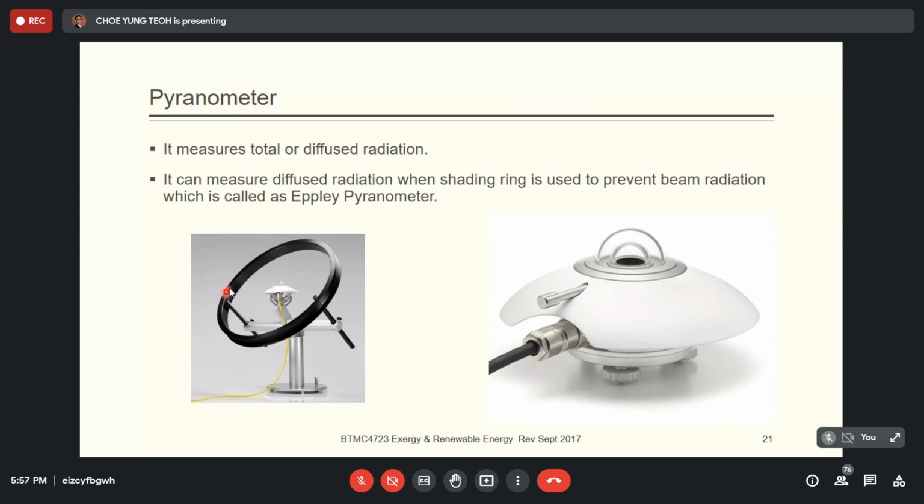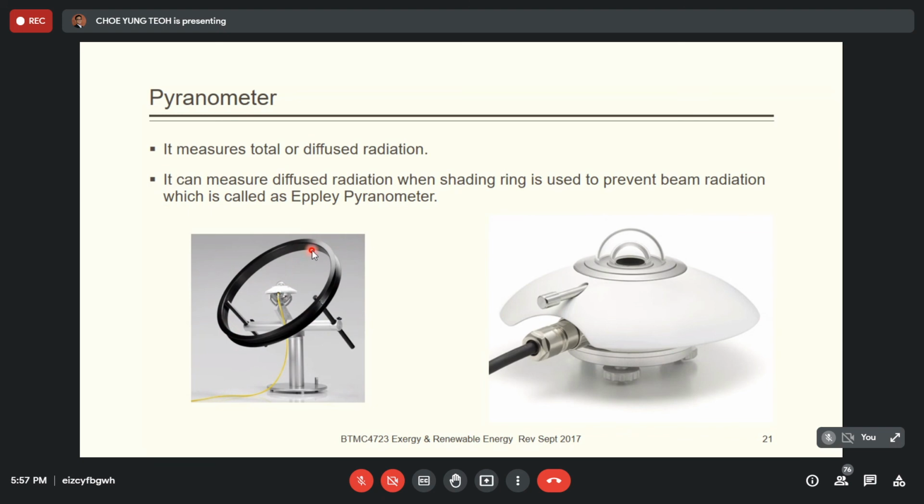But this one, you can see that there's a black ring. So you have to set the black ring so that it blocks the direct sunlight. So whatever you receive on the pyranometer is only diffuse radiation. So how are you going to set the black ring?